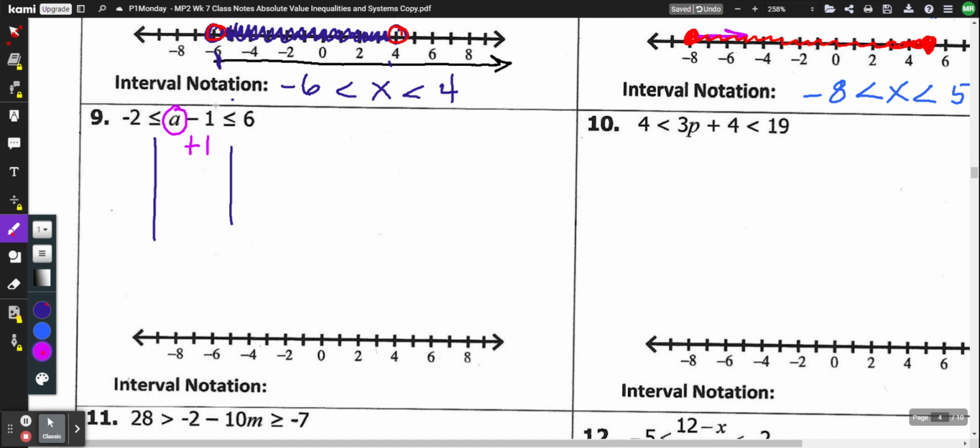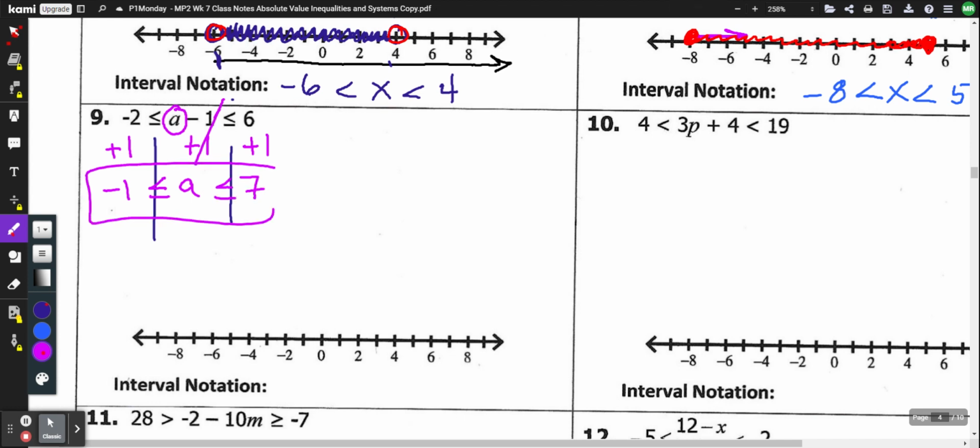So I'm going to add 1 to cancel this, but whatever I do in the middle, I have to do to both sides of the inequalities, to the left and to the right. So then I'm going to have negative 2 plus 1, that's negative 1, less than or equal to a, less than or equal to 7.